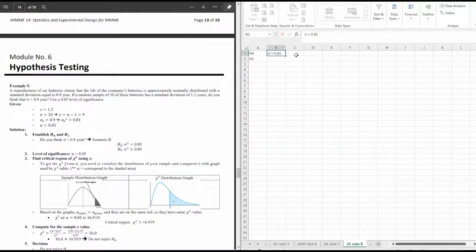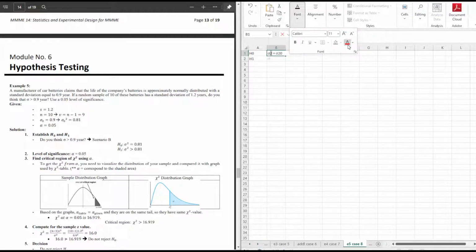You can state it this way or also as sigma naught. Let's state it this way: sigma is equal to sigma naught, or wait, it is variance pala, so sigma squared. If you want better formatting, we can do a superscript.